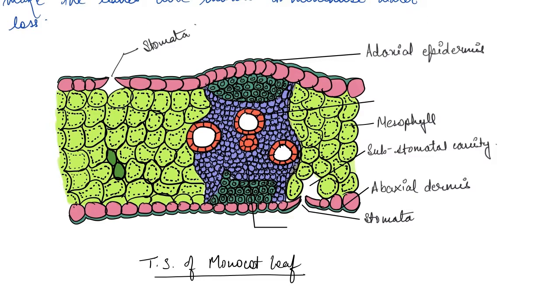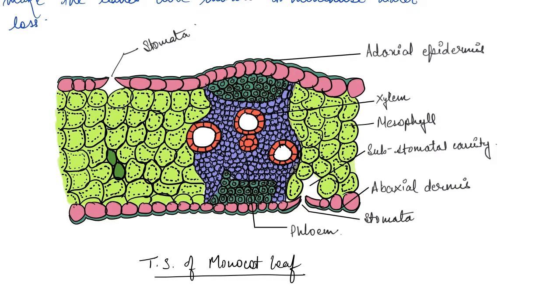Now here this is xylem. So this structure is xylem and this is phloem, right? So these are phloem cells. Basically, these are phloem cells.